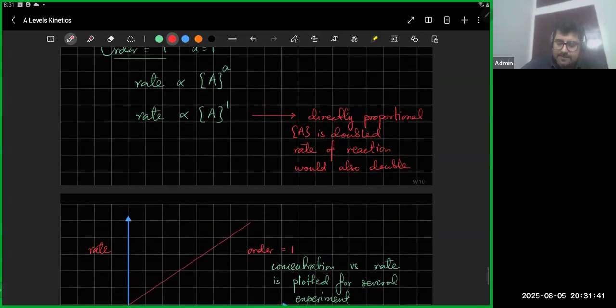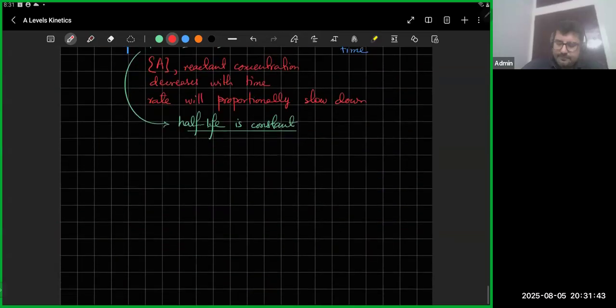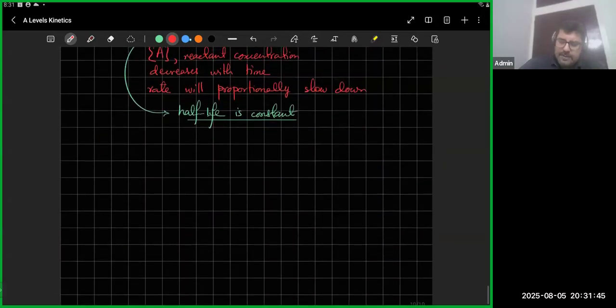This was order one, or rather, let's do order zero first. That's easy. Order is equal to zero. Order zero means that rate is dependent on the concentration of A, but A has a power of zero.